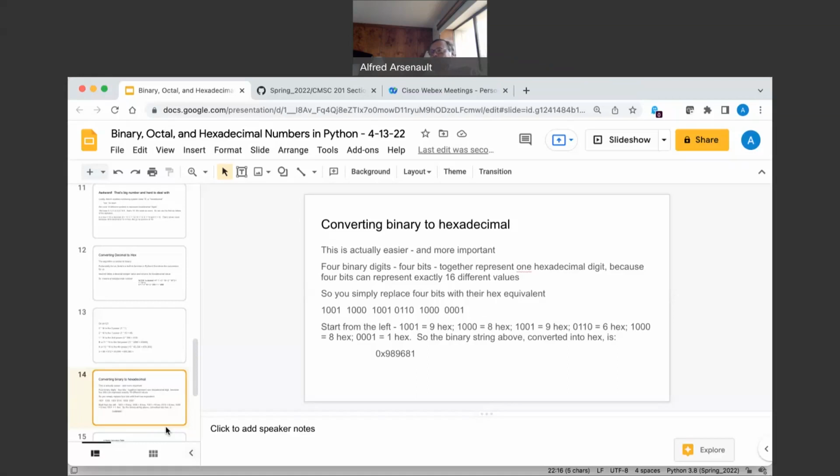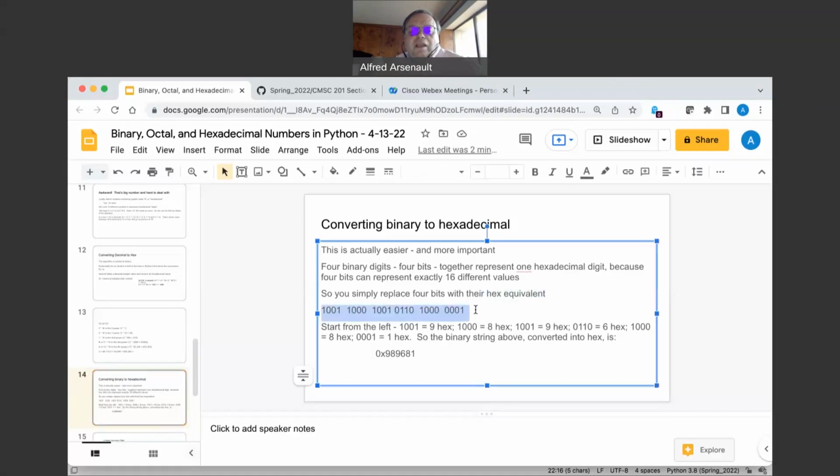So I would take this long string of 24 bits that I had earlier, which came out to this 24-bit string you see here on the slide. I simply break up the 24-bit string into 6 groups of 4 bits, and then I convert each 4 bits into hexadecimal.